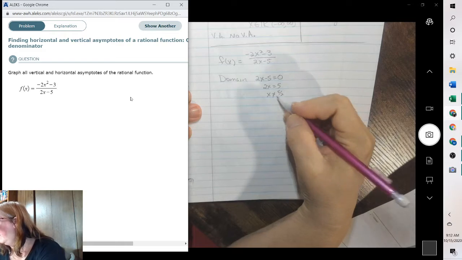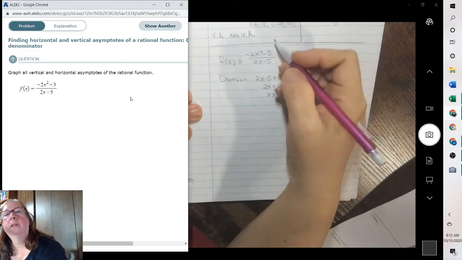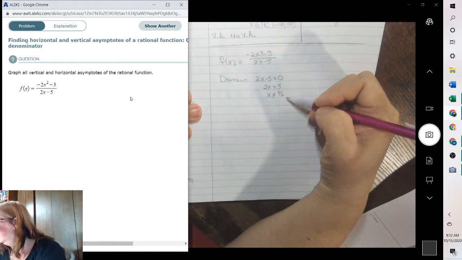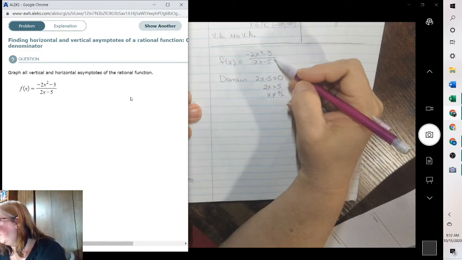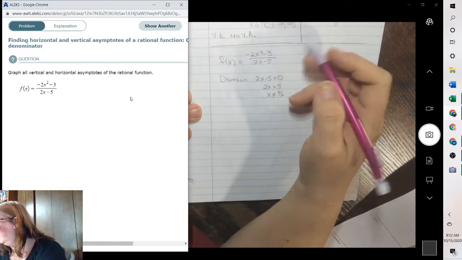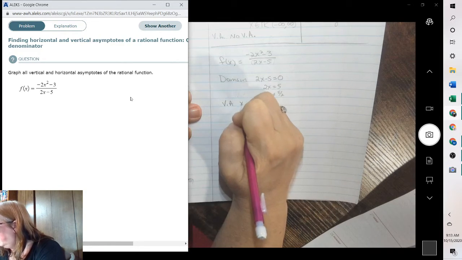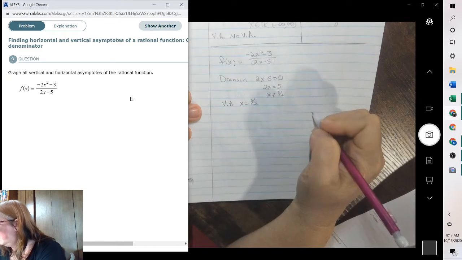Our domain is x cannot equal 5/2. Now if we go back up here, this top is not factorable, so this factor will not reduce. Because it doesn't reduce, there's a vertical asymptote at x equals 5/2.